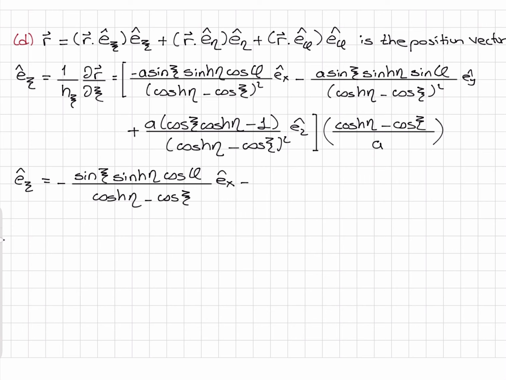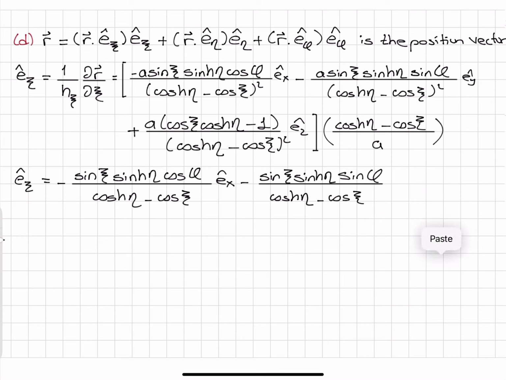So we will get minus sine psi sine hyperbolic eta sine phi divided by cosine hyperbolic eta minus cosine psi in ey hat direction. And for the z part, we have again a cancellation of A's and one of these terms.